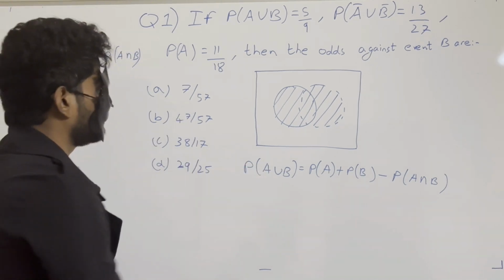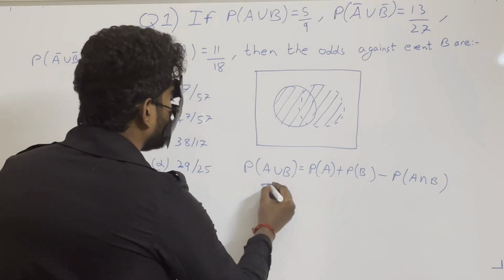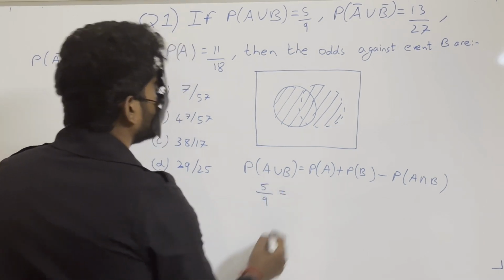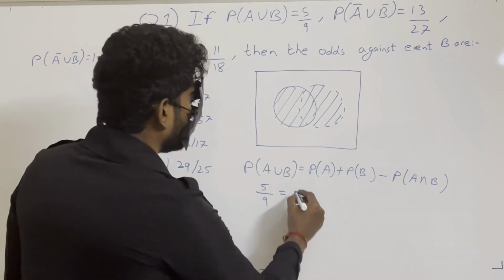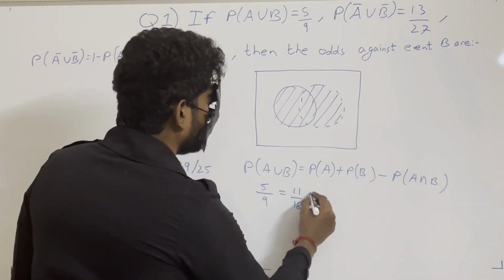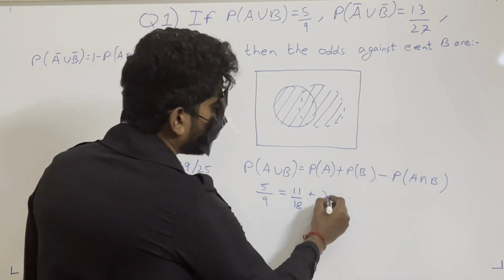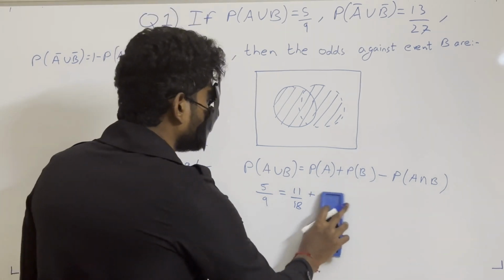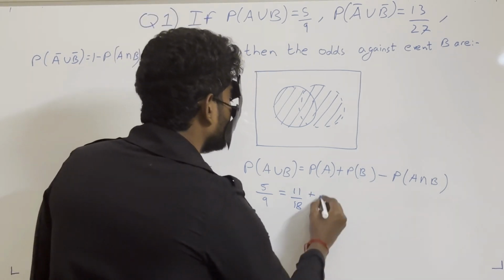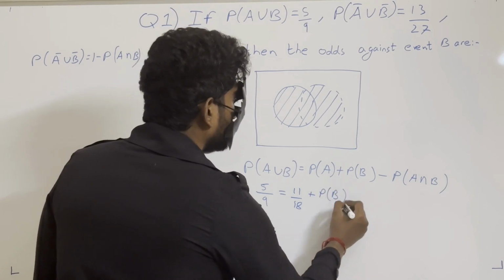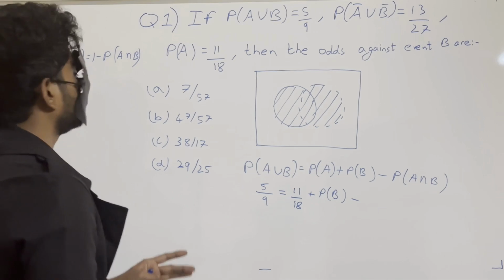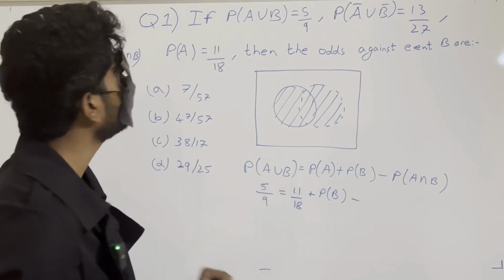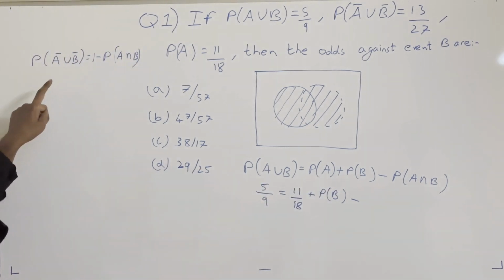Now what is given is P of A union B is 5 by 9, equal to P of A, which is 11 by 18, plus P of B, minus P of A intersection B. Here P of A intersection B we don't know, but we will use the other formula.